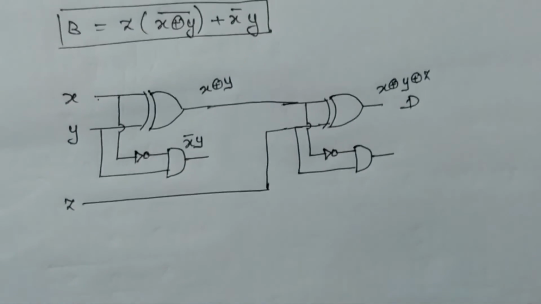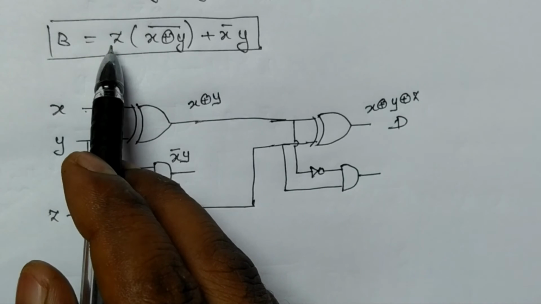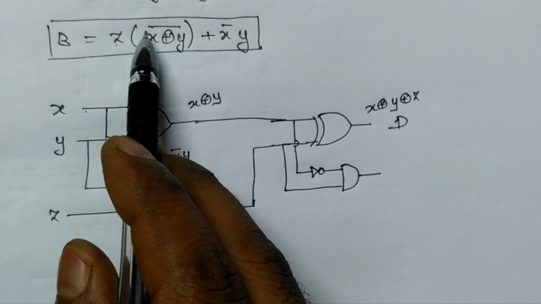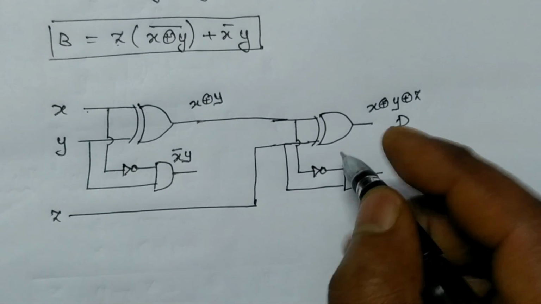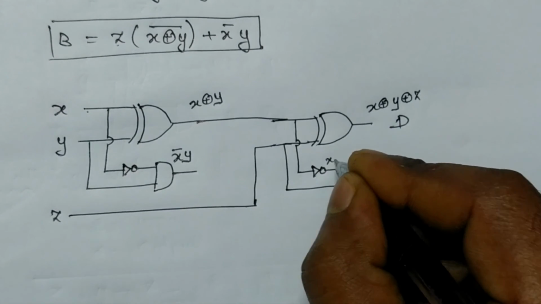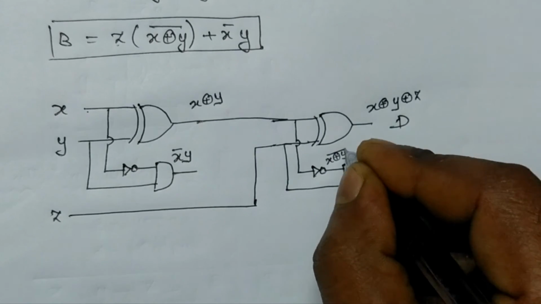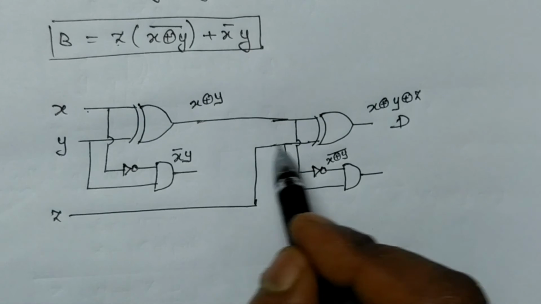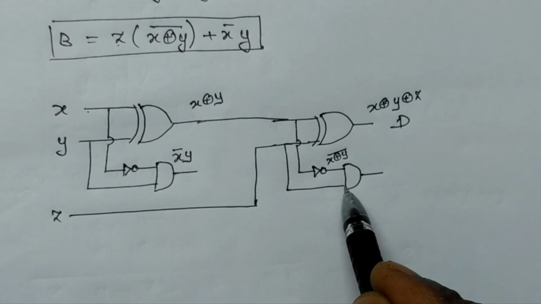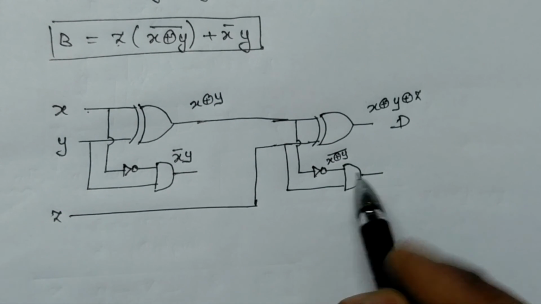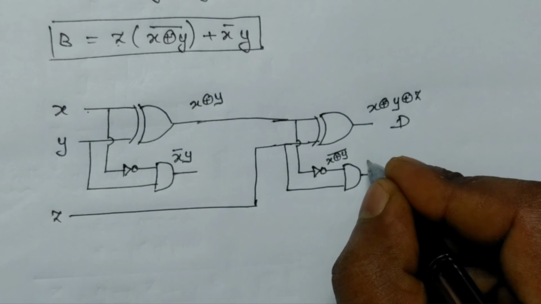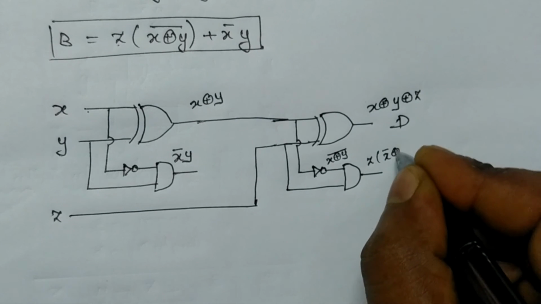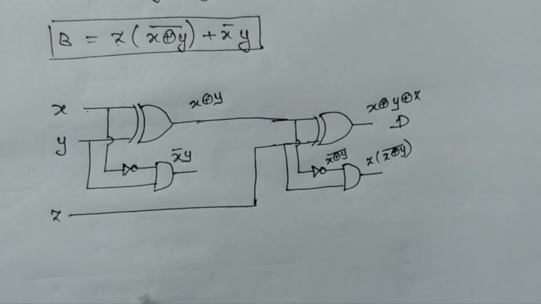Then for borrow, here we are having the term z into x XOR y the whole bar. So here I am having the term as x XOR y the whole bar. Then I need to perform an AND operation. Therefore this z is connected to the AND gate. So here we are performing AND operation and here the output is z into x XOR y the whole bar.